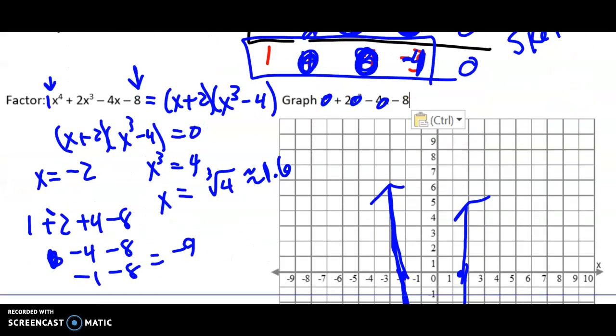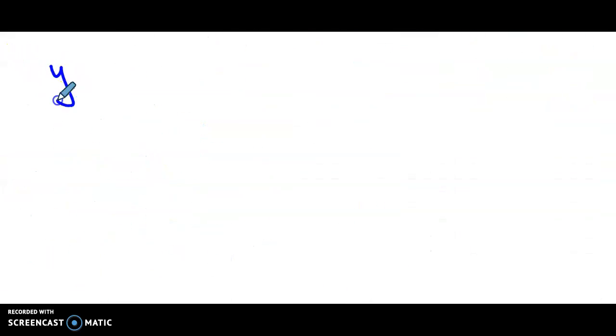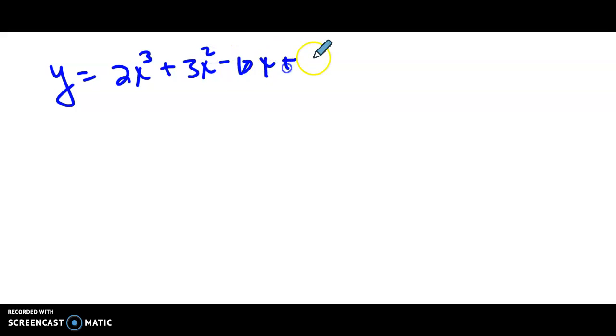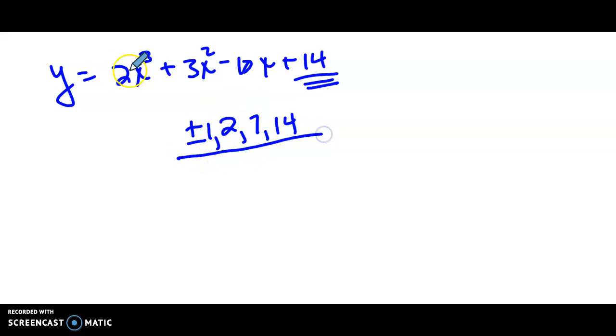Now, what if it was, let's say, y equals 2x cubed plus 3x squared minus 10x plus 14, then what you do is you take all the factors of 14, which is 1, 2, 7, and 14, divided by all the factors of 2.